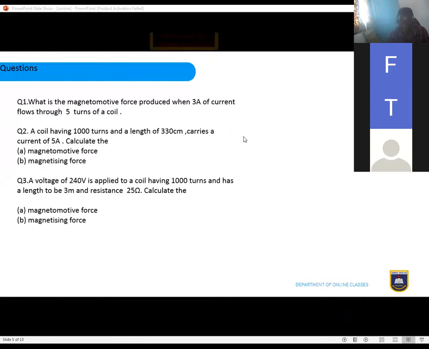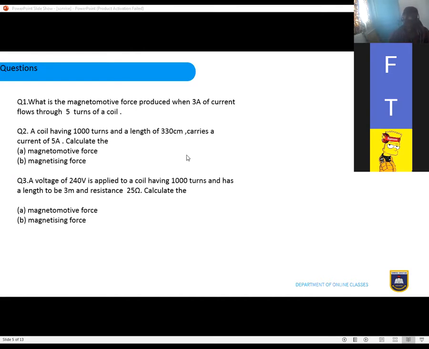Now let's go to the third question. This one, we weren't given the current, but you all know current can be calculated. Nicolas, what's wrong? Sir, please, I need the formula for the magnetizing force.